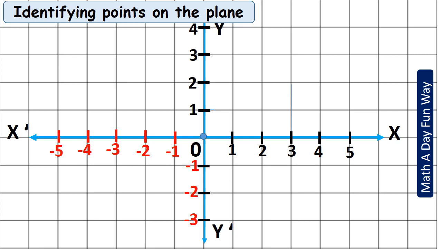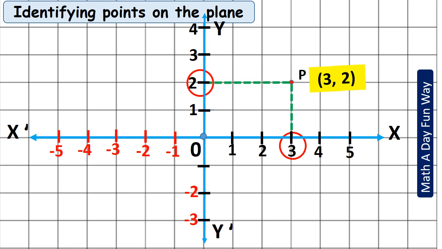Let's identify some points on the plane. We draw perpendiculars from the point, falling on both the axes. We get the x-coordinate from where it falls on the x-axis. So, 3 is the x-coordinate. Similarly, the perpendicular falls on the y-axis at point 2.